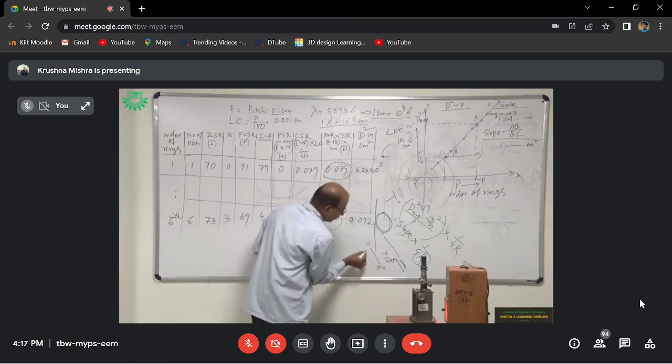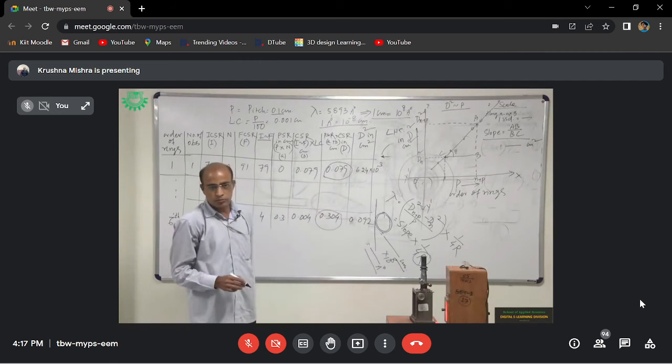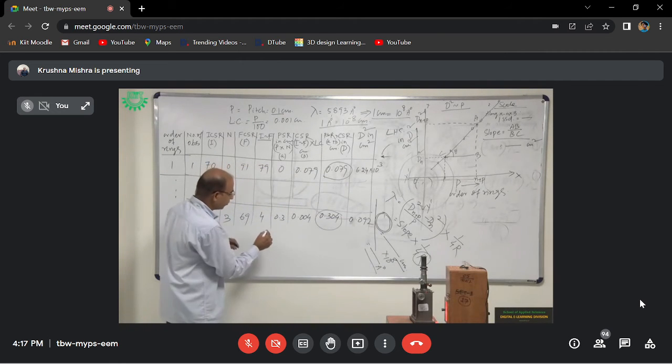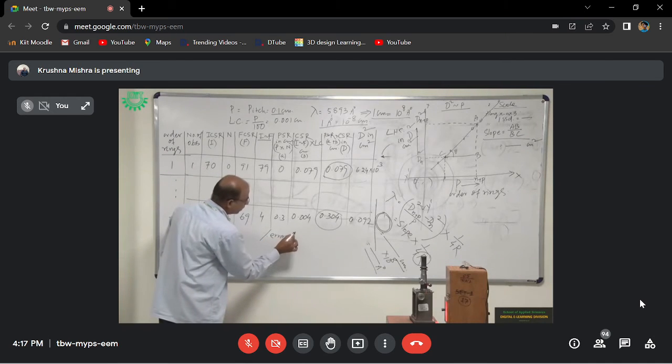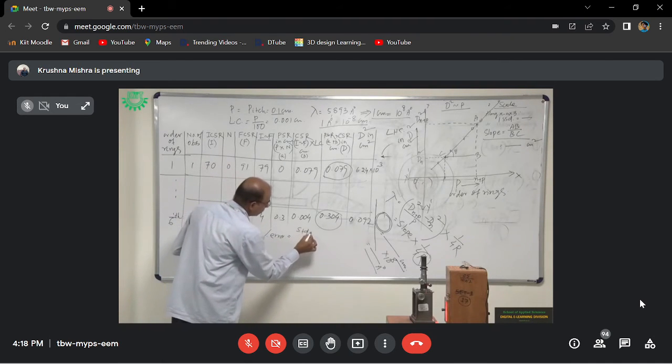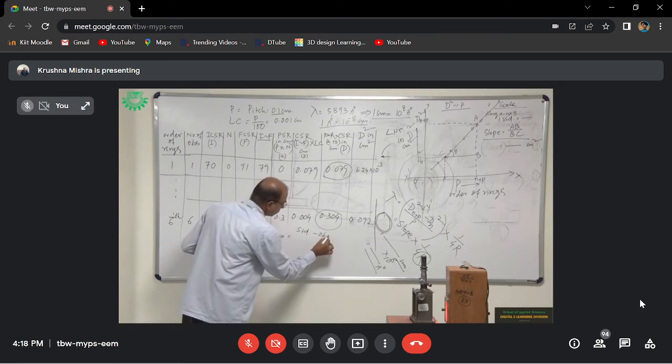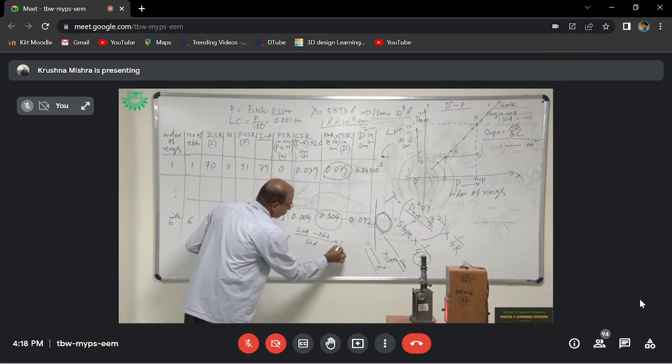After you get this value from our experiment, we will find the percentage of error, that is standard minus observed divided by standard into 100.